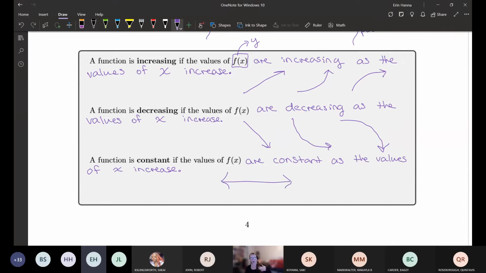It just goes straight across, horizontal, left to right. All right, I'll wait a couple seconds for you to get that down before we move on to some examples.